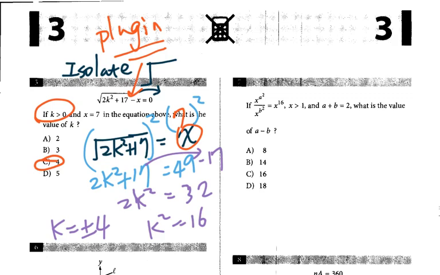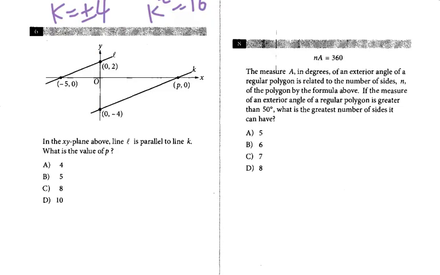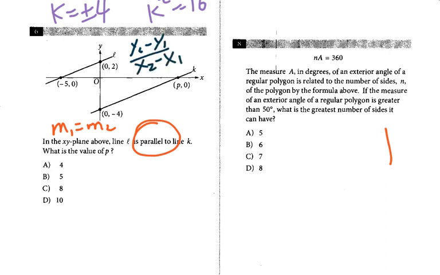Just check the answers. For number 6, the keyword is parallel lines. Whenever you see parallel, it means the slopes are equal to each other. So I need to figure out the slope for the first one. You use y2 minus y1 over x2 minus x1.